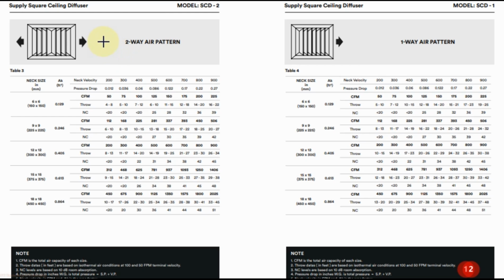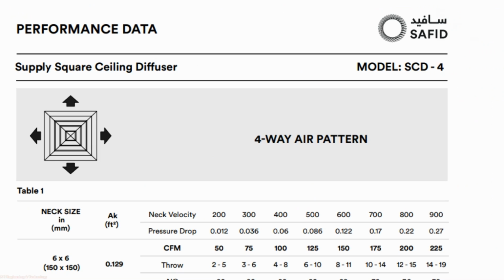Number 3, 2-way air pattern that supplies air in 2 directions. And number 4, 1-way air pattern that supplies air only in 1 direction. The selection process for all the 4 types is the same. We will do our study for the 4-way air pattern type.